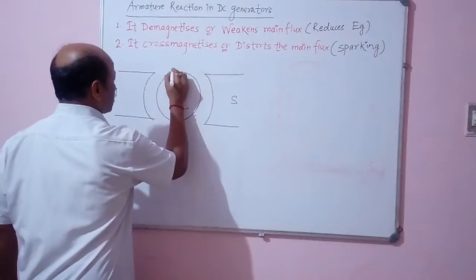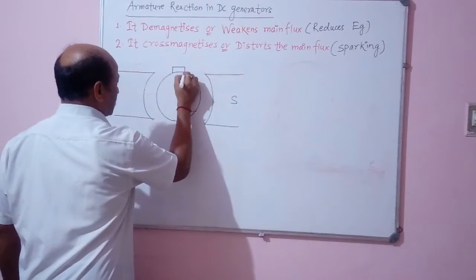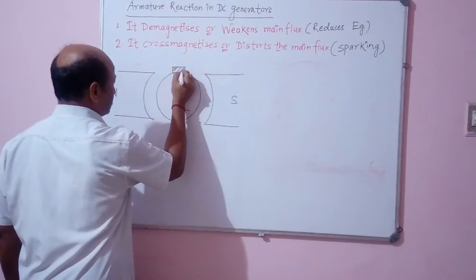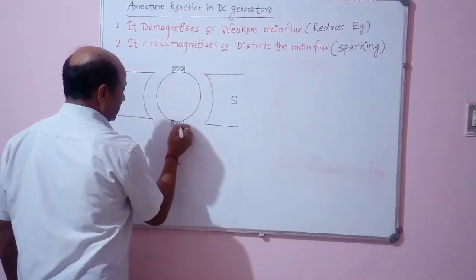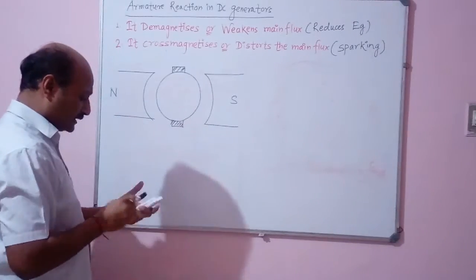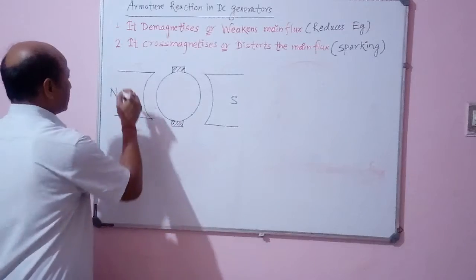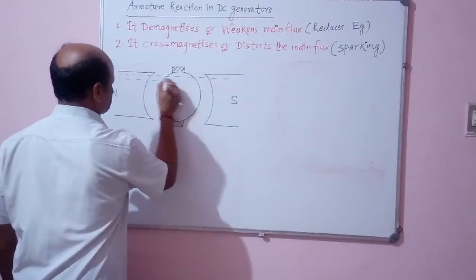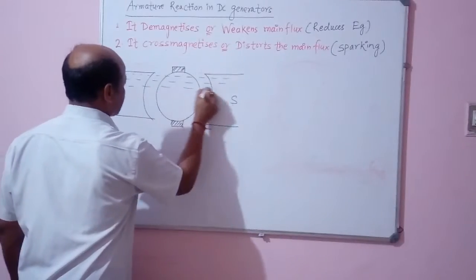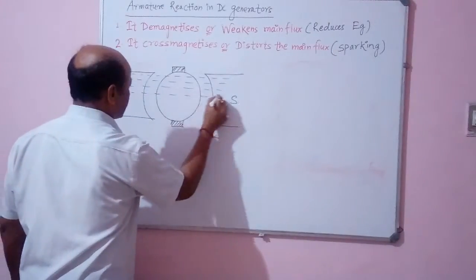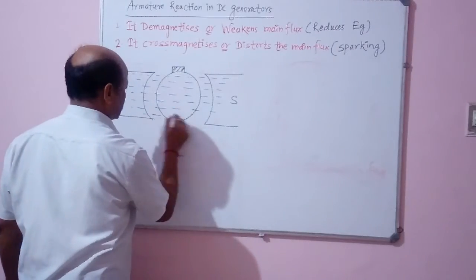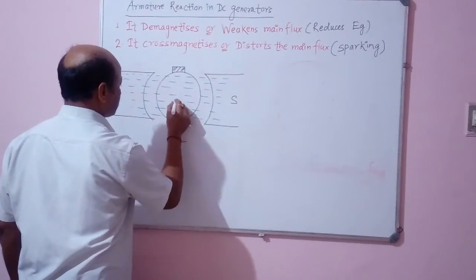These are the two brushes to collect the current from the commutator. So what is the normal magnetic field? The normal magnetic field is from N to S. So this is the direction of the magnetic field.